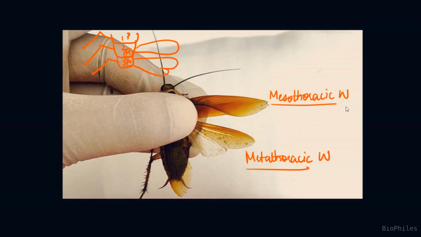And we can clearly see that both these wings are a bit different from each other. The mesothoracic wings appear opaque, whereas in the metathoracic wings, you can see the background here. So that means that the metathoracic wings are transparent or translucent.